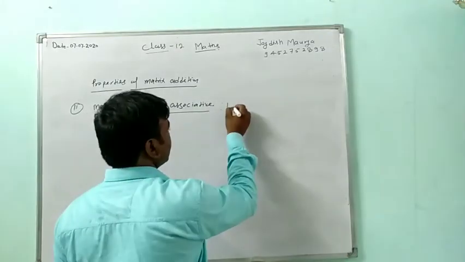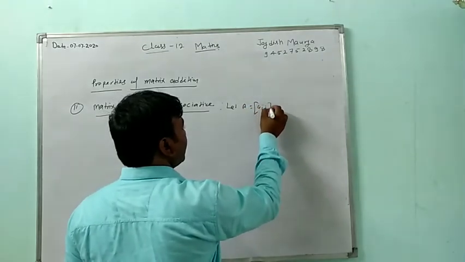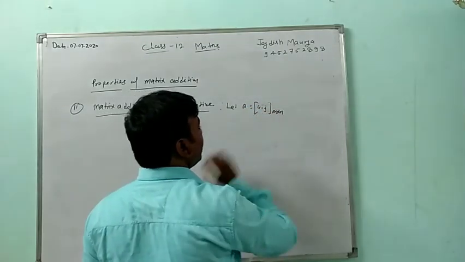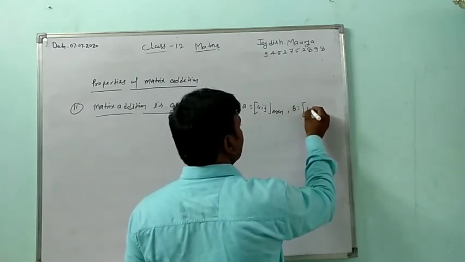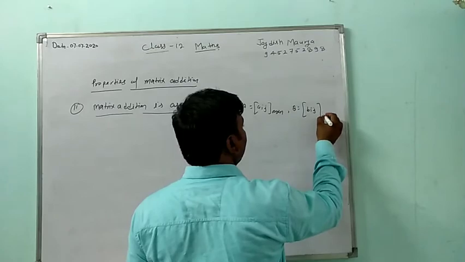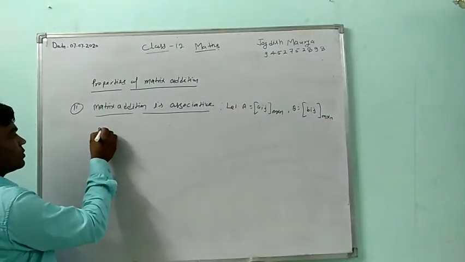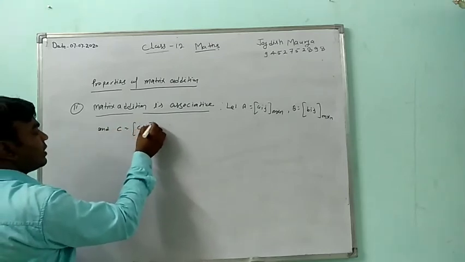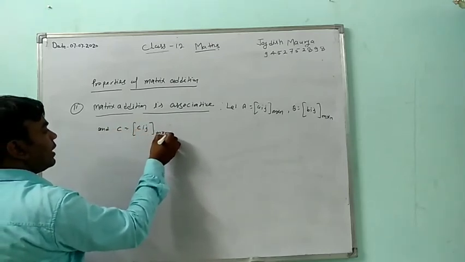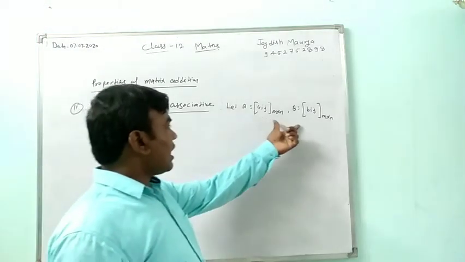Let A equal to Aij of m by n, B equal to Bij of m by n, and C equal to Cij of m by n. These are matrices of same order.